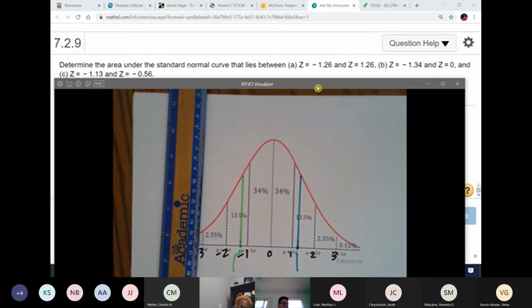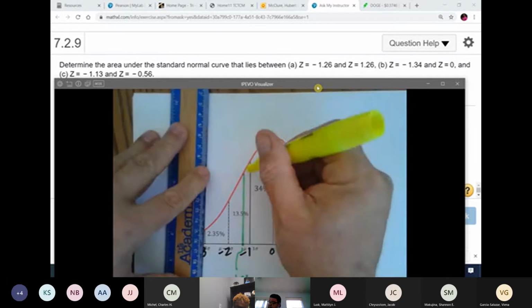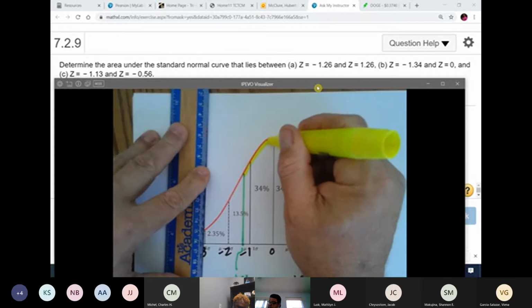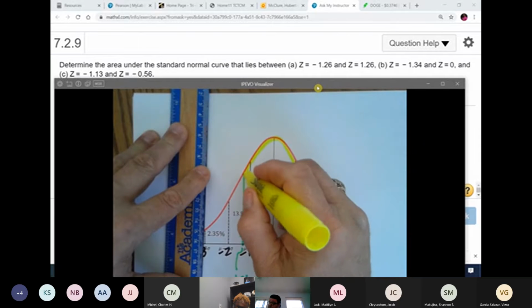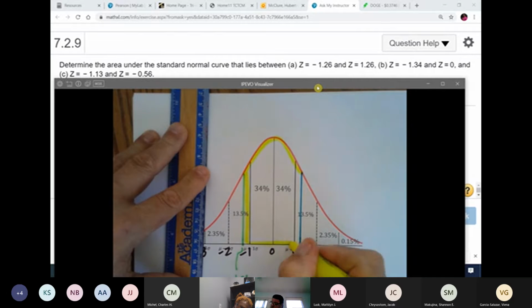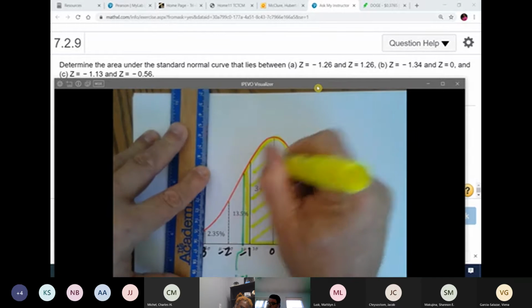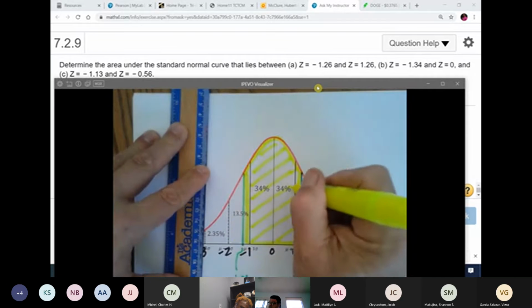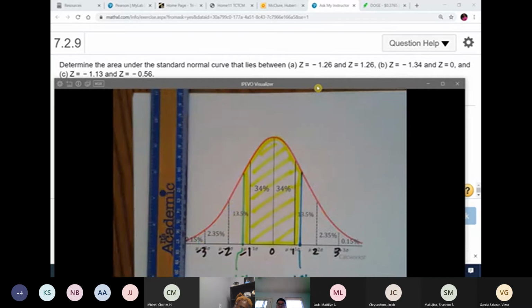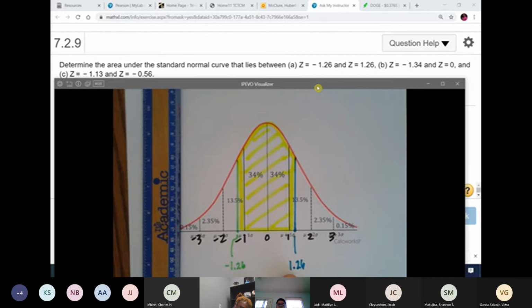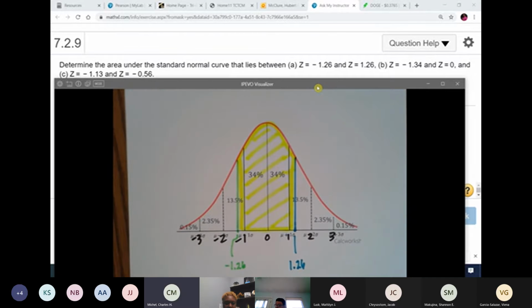And they want to know the area in between. Okay, so what do you do? Normal CDF from where to where? Negative 1.26 to positive 1.26. That's it.